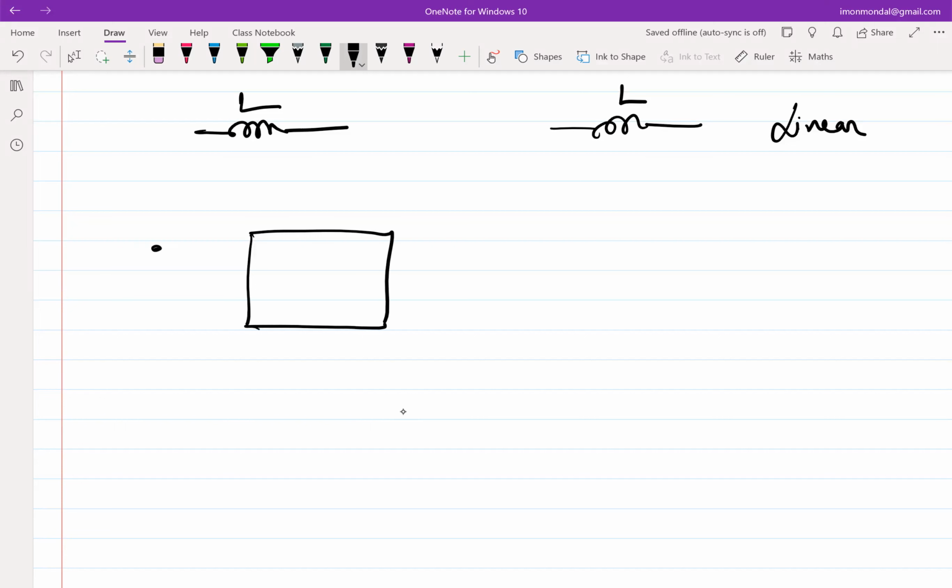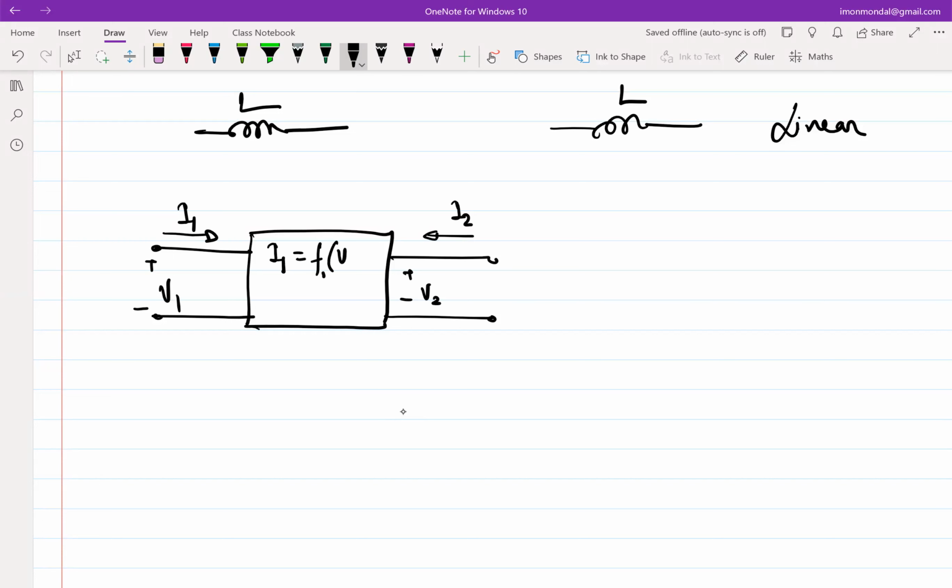So let's say I have a two-port network characterized with generic I and V, where the input port current is some function F1 of the port voltages V1 and V2.